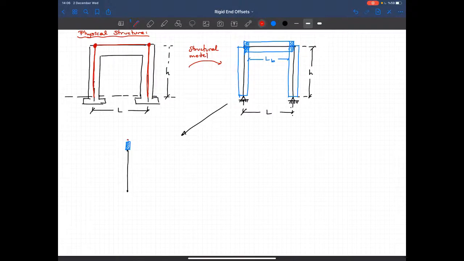This is our original node, and then I define another rigid member that cannot bend, and then I have another node here, the beam, and another rigid member, node, another rigid member here, a node, and a flexible column.